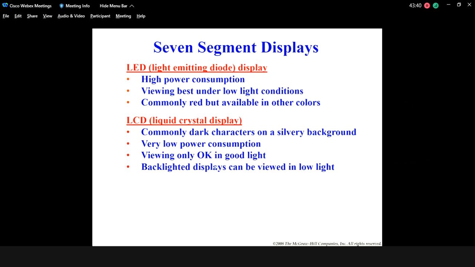It's good to view only in good light. That means we never use calculator in the dark room, because the character is going to be dark. However, we need to use it in a bright environment.